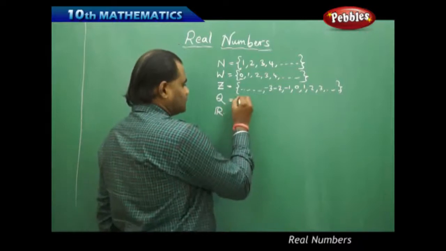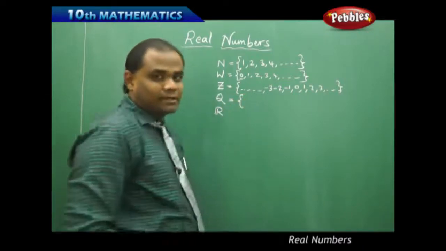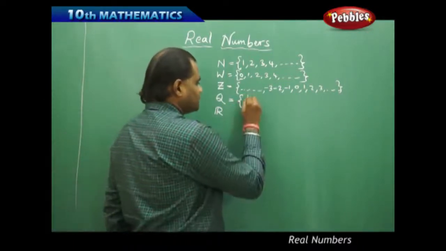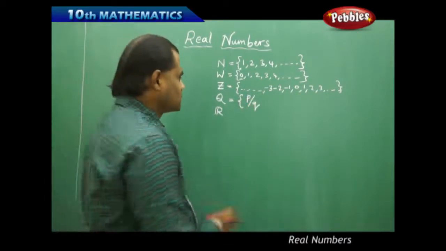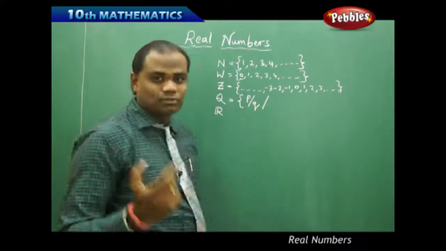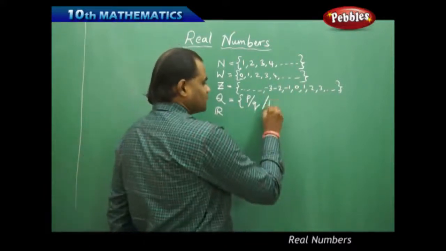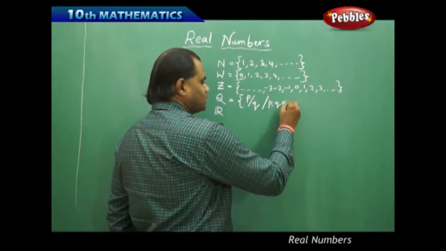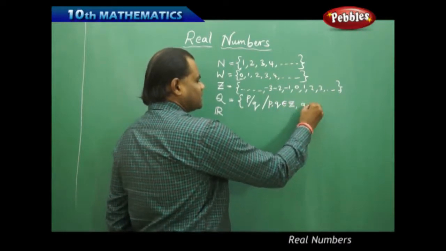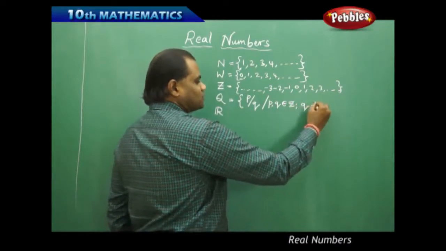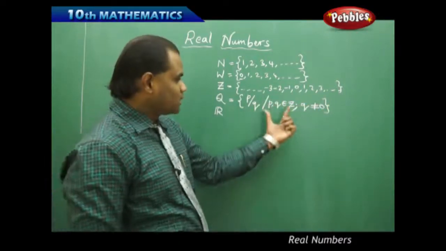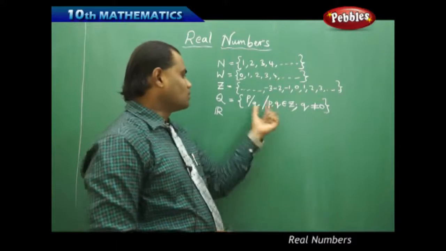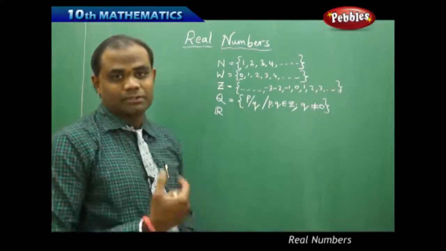Then I have rational numbers, which are defined in the general form p over q, such that two conditions are satisfied. One is that p and q must be integers, and secondly, q should not be equal to 0. Under these two conditions, all the numbers in the form p by q are called rational numbers.